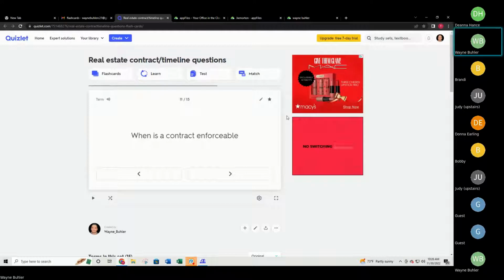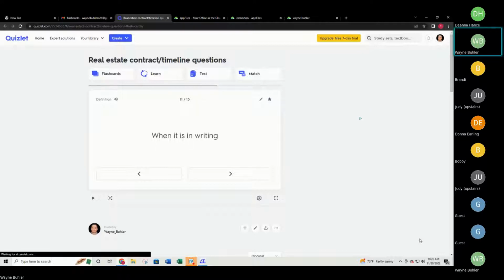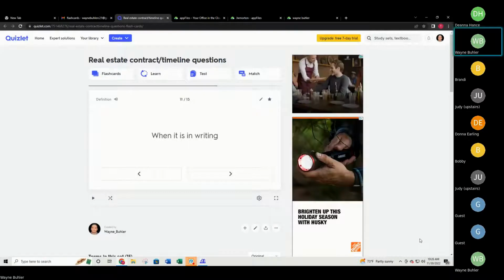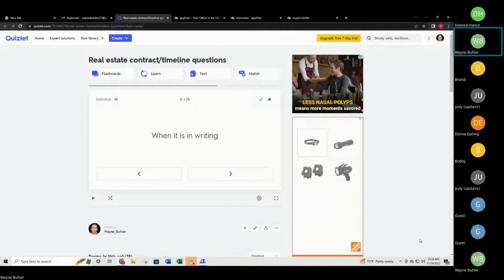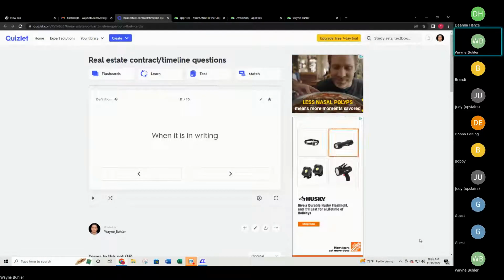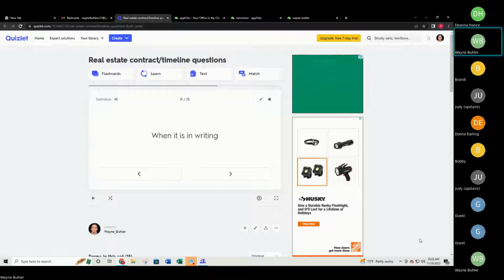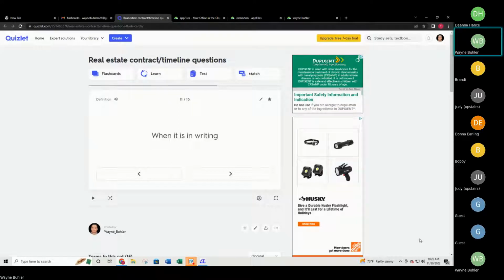You're all right in a roundabout way, but the answer is, when it's in writing. The assumption is that. This is 101. You guys were thinking too far into specifics of everything. All I'm saying is get it in writing.